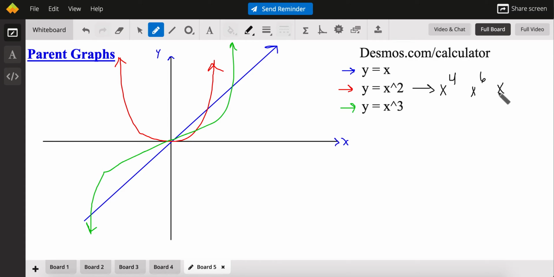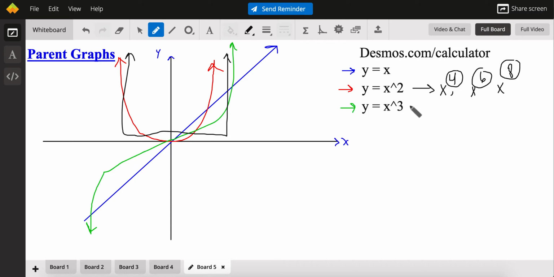I probably should have done this video in Desmos, so you can see the graphs live. Maybe I'll do that later. The only difference is as you increase this power to higher and higher even numbers, 8, 10, 12, whatever, this curve starts to square off. It gets less round like a U, and it starts to do this. Let's just assume you get to a very high even number. It's going to become a square.